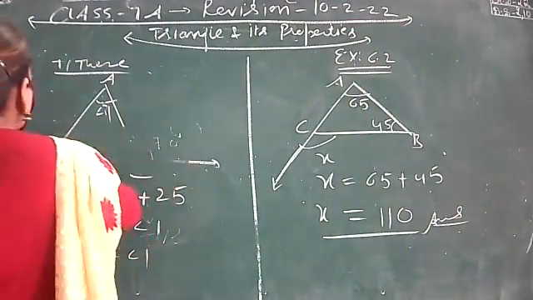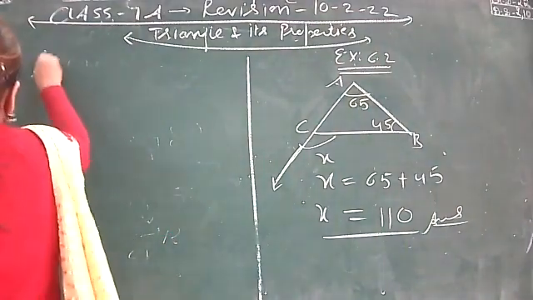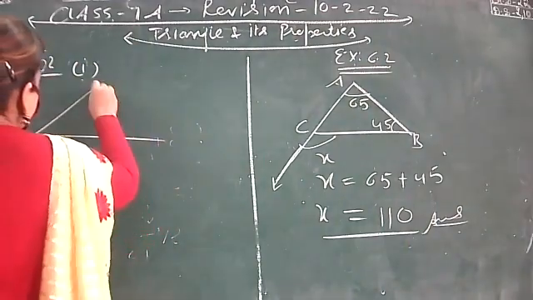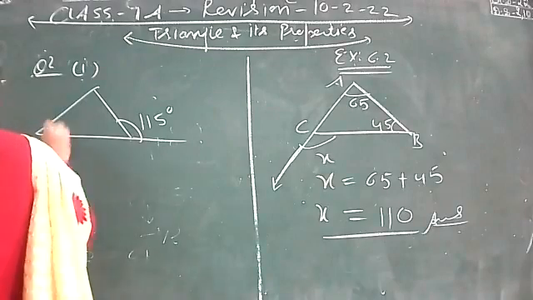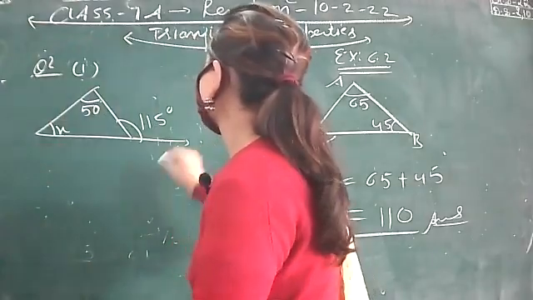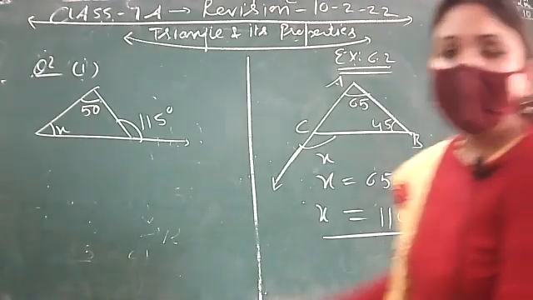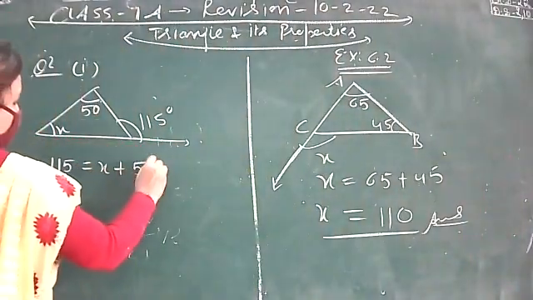I am taking second question first part. Again, one exterior angle is formed and another two opposite interior angles. Then, obviously, we will apply exterior angle property, in which we will write that one exterior angle, this is equal to sum of two opposite interior angles.